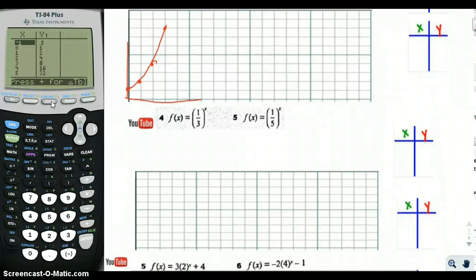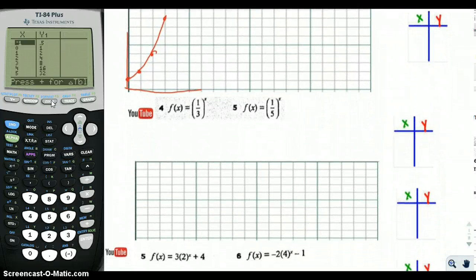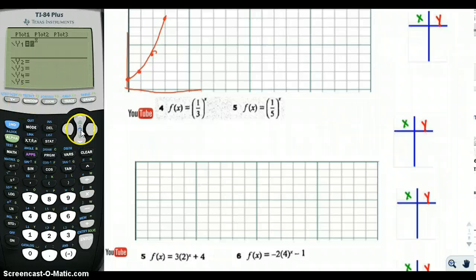Okay? Let's go down to number 4. It's a little bit different because it has a fraction. Whenever you saw how the exponential function grows when you have a certain base to the exponent, now let's see what it looks like when you have a fraction as the base.